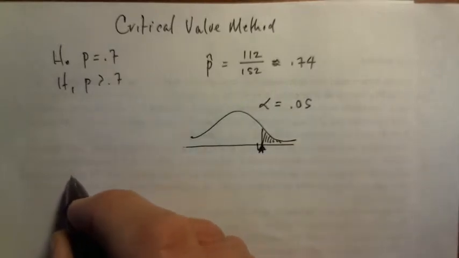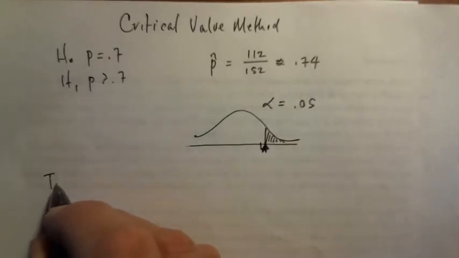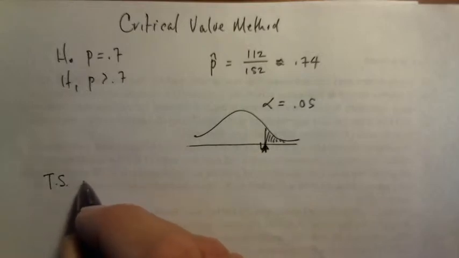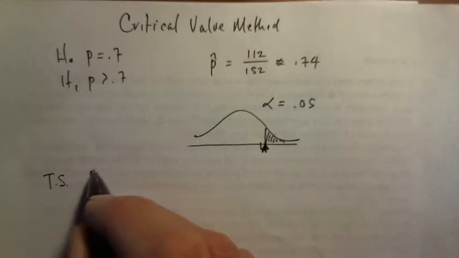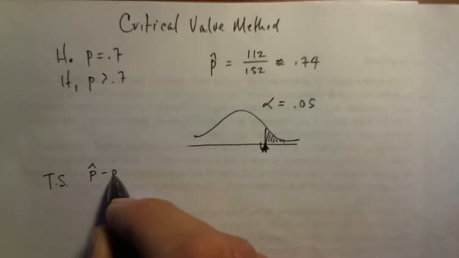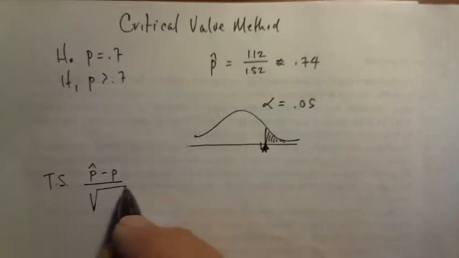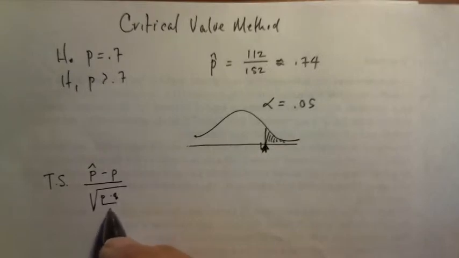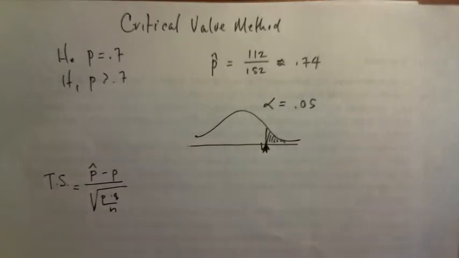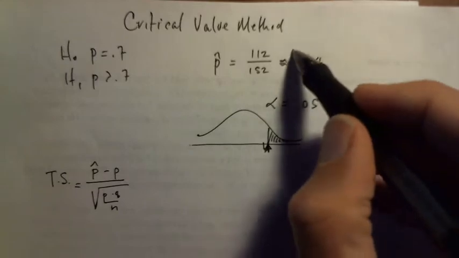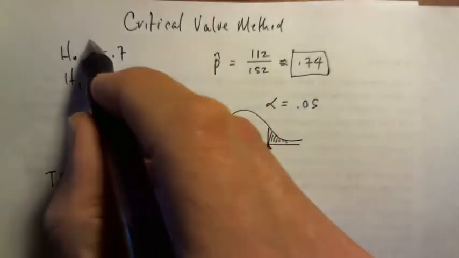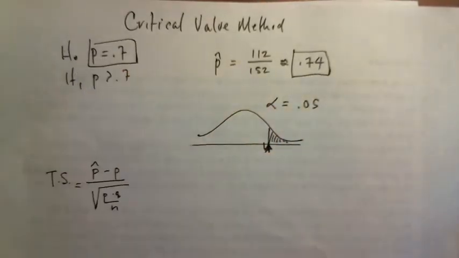And then we're going to compare that to the test statistic. The test statistic, in this case, is just the z-score. It's p hat minus p divided by the square root of p q over n. The test statistic is just the z-score for this p hat if this is actually p.